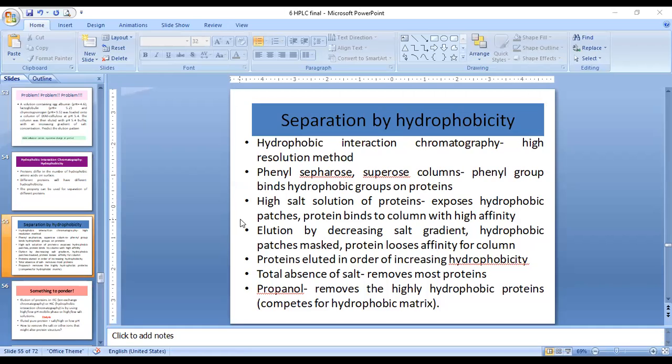If I have a very low salt concentration, the most hydrophobic protein will come out at the end. And if some highly hydrophobic protein is still binding to the column, then maybe I can put distilled water, that is zero salt concentration, and that protein also will come out.